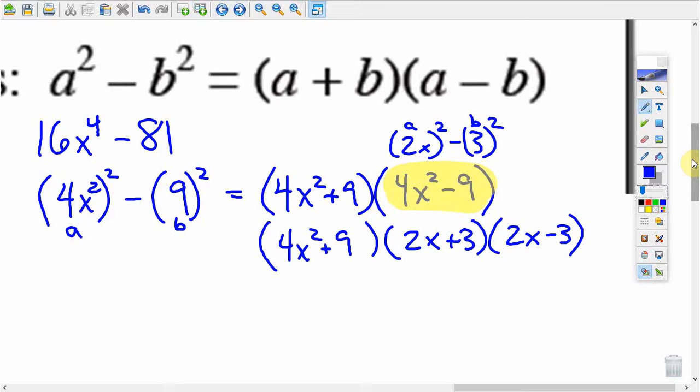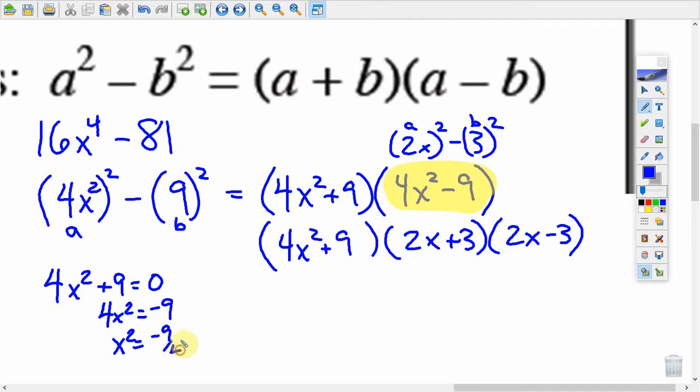If I set this equal to 0, then I have 4x squared plus 9 equals 0, so 4x squared equals negative 9. X squared equals negative 9/4. Take the square root of both sides, and I end up with plus or minus 3/2 i, because we have that negative under the square root.